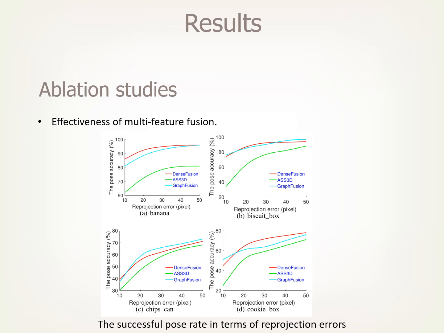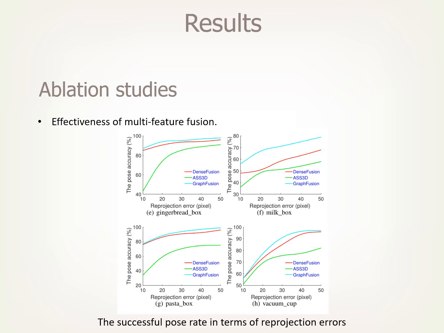The following figures show the successful pose rate in terms of reprojection errors. We can see that GraphFusion outperforms other approaches, which indicates that the fusion mechanism, considering the relationship between color and geometry features, has a clear advantage over methods which ignore this relationship.